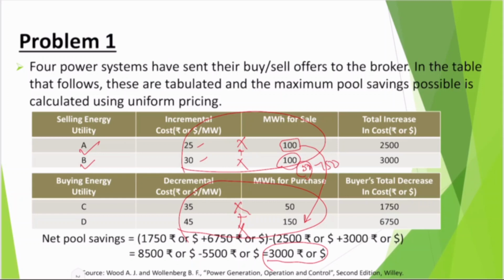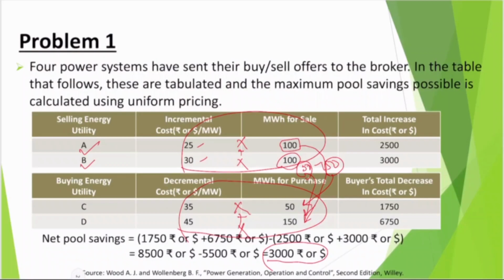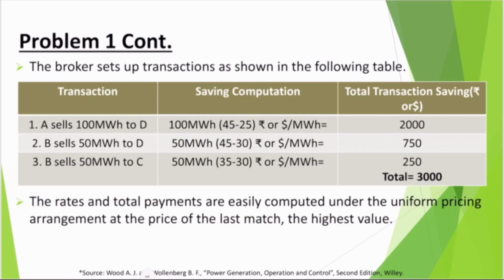One block goes to D and the other block goes to C. So of the 200 megawatt hour there are three different blocks, 100 plus 50 plus 50: 150 are going to D and the remaining 50 is going to C. That is what the pool has managed. So A is selling 100 megawatt hour to D directly, B is selling 50 megawatt hour to D directly, and B is also selling 50 megawatt hour to C directly.